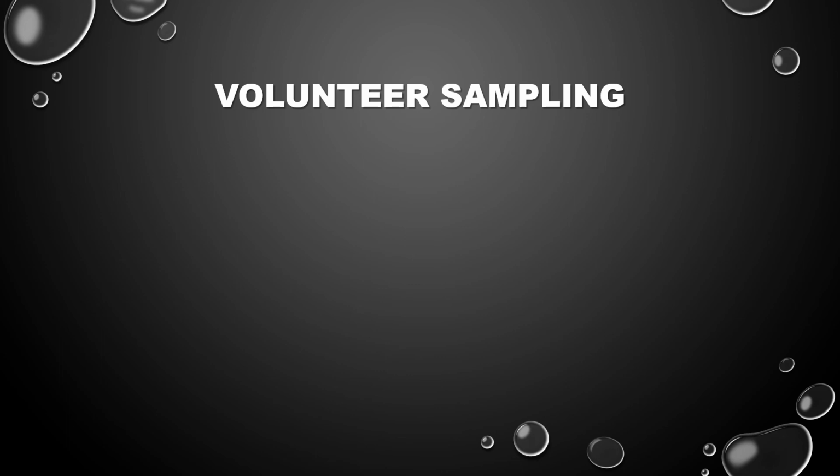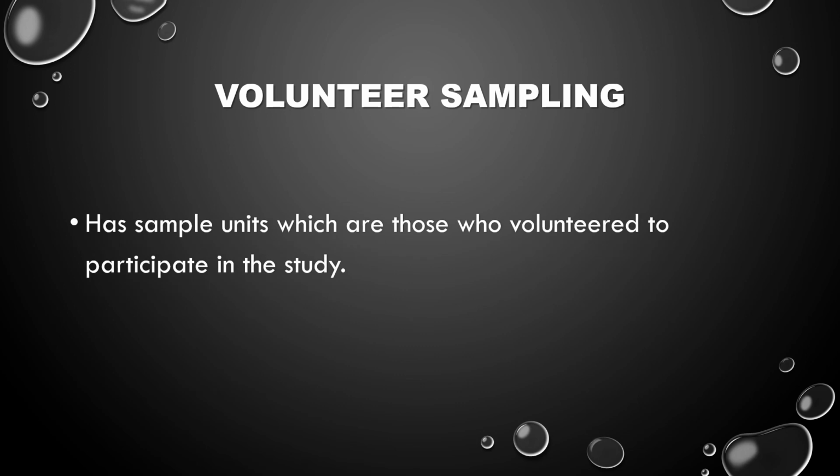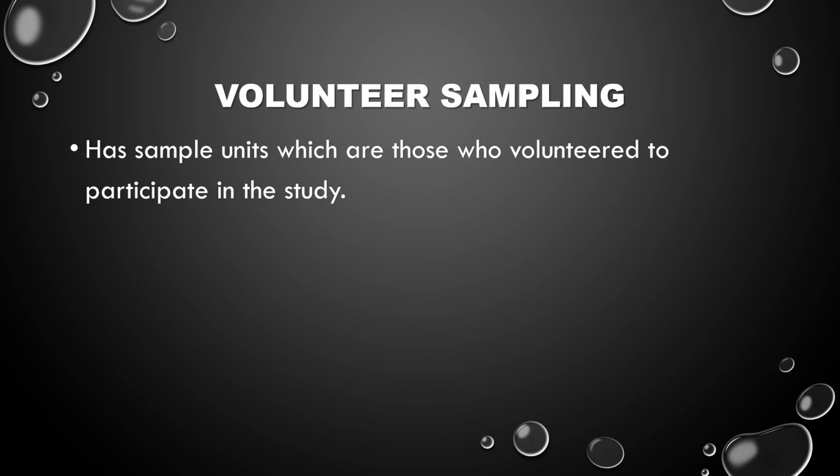Of course, not everybody would want to participate in that study because they might be afraid something might happen to them. So you will be needing volunteers, and that is volunteer sampling. So it has sample units, which are those who volunteer to participate in the study, utilized in qualitative studies. So it's not more likely preferred under quantitative. Those are your different types of non-random sampling.